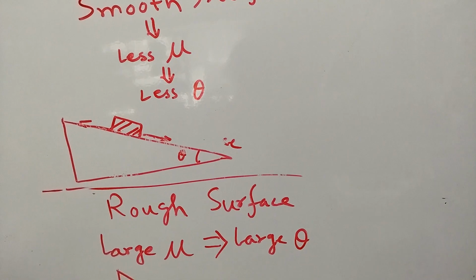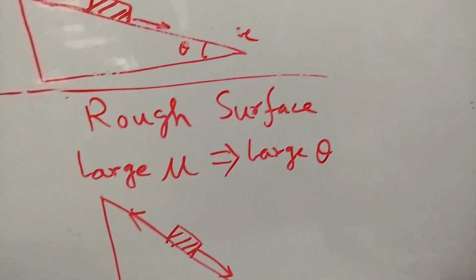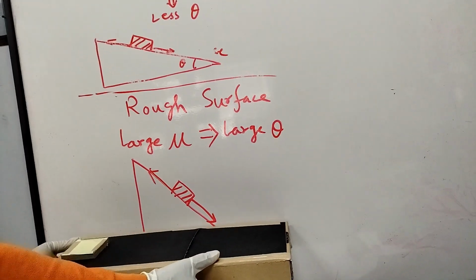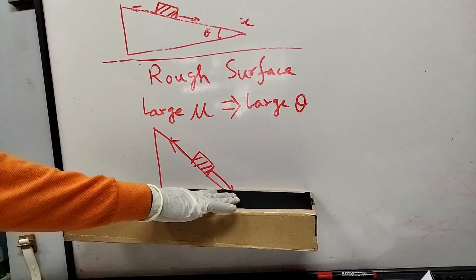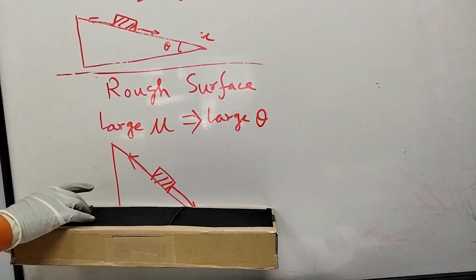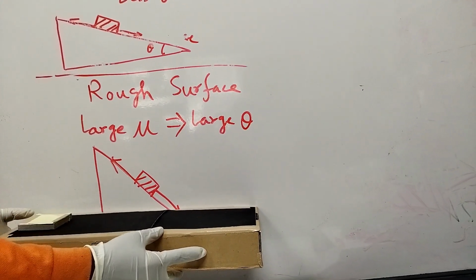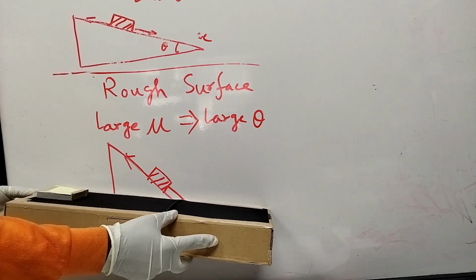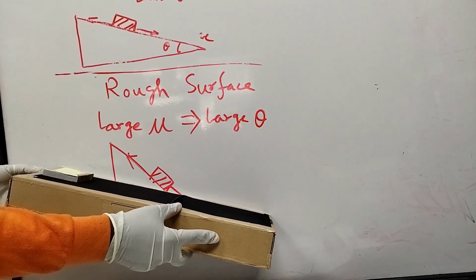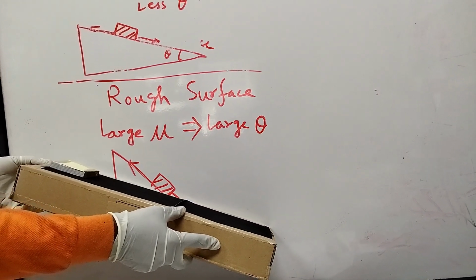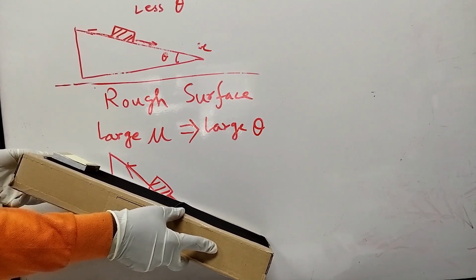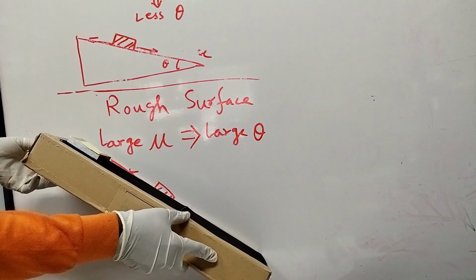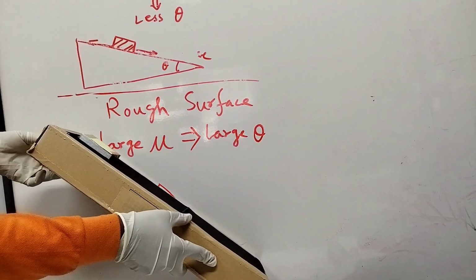Now let's come to the other situation, the rough surface case. We put the same surface of the same object on the rough surface, which is black sandpaper and has a large mu. Now we make an inclination angle. As you can see, we are lifting more and more. Not yet fallen, just fallen.